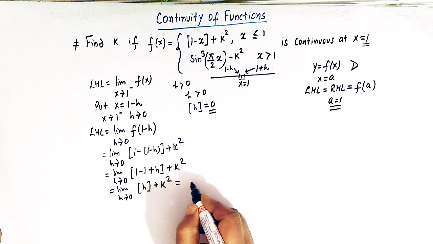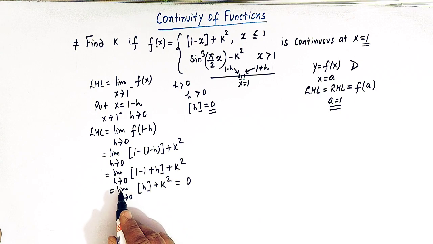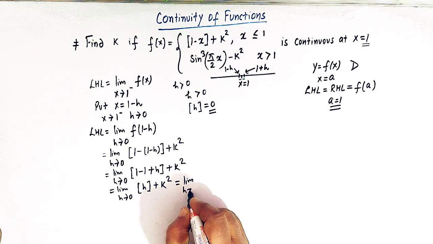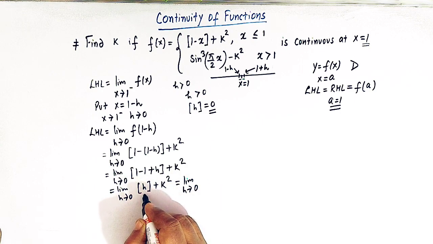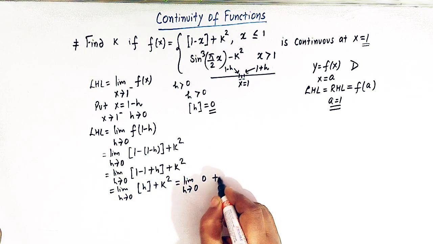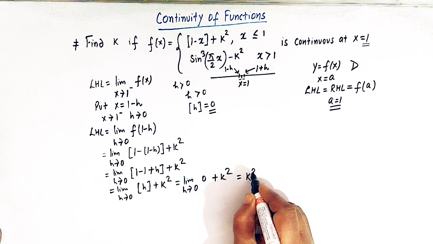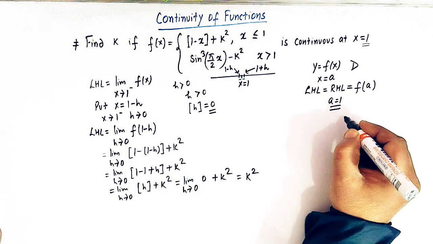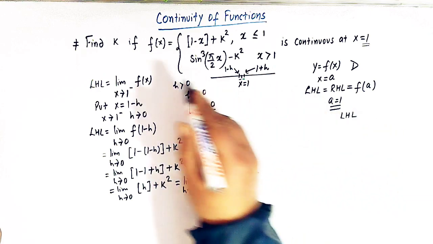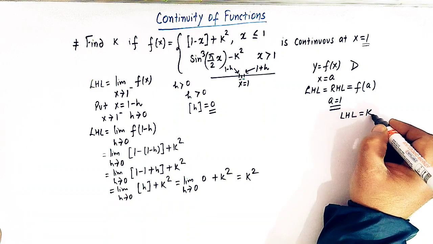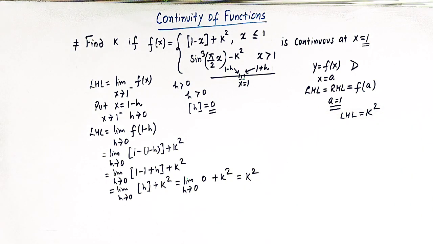We can write it as the limit as h tends to 0 of the greatest integer of h, which is 0, plus k square. So we have simply k square. The left hand limit of this function at x equal to 1 is equal to k square.